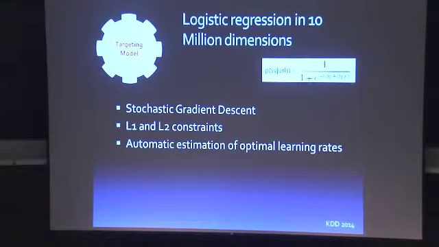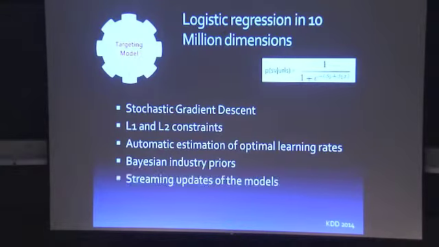All these learning rates and hyperparameters, we're not nearly as sophisticated as Ryan's presentation, but still. We use Bayesian priors for the parameters as starting points. So maybe I don't know about running shoes, but if I know about footwear, maybe that's a good place to start a model. We build them streaming, so they constantly update.